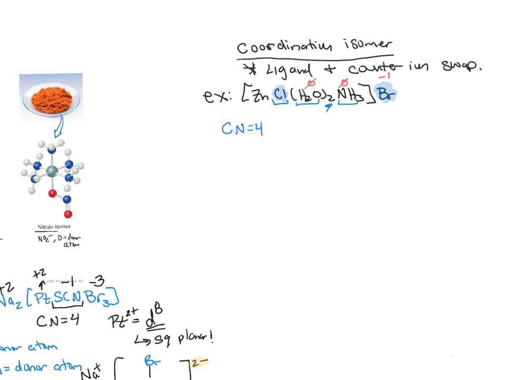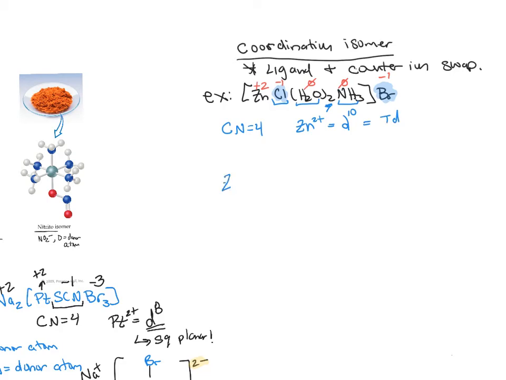Ammonia and aqua have a charge of 0. Chloro is -1, so zinc is +2. Looking at my zinc 2+ oxidation state on the periodic table, start at the far left, count all the way over to zinc, subtract 2, we end up with d10 for zinc 2+.